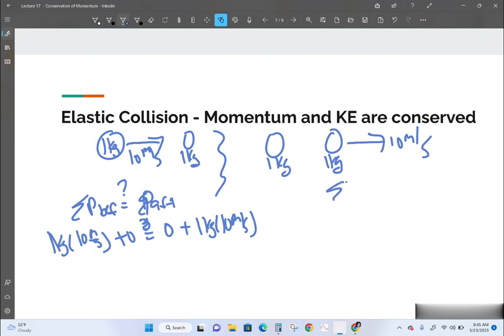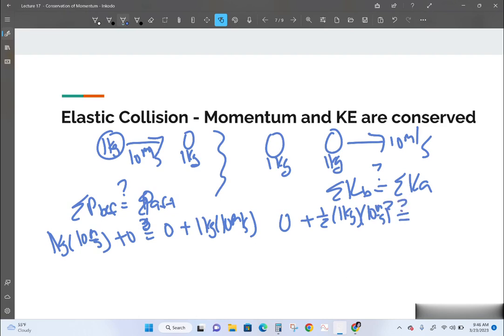But what about the kinetic energy? If we add up all the kinetic energies before and we look at them after, are they equal? Well, the first one has 0, plus the second ball, 1/2 of 1 kilogram times 10 squared.